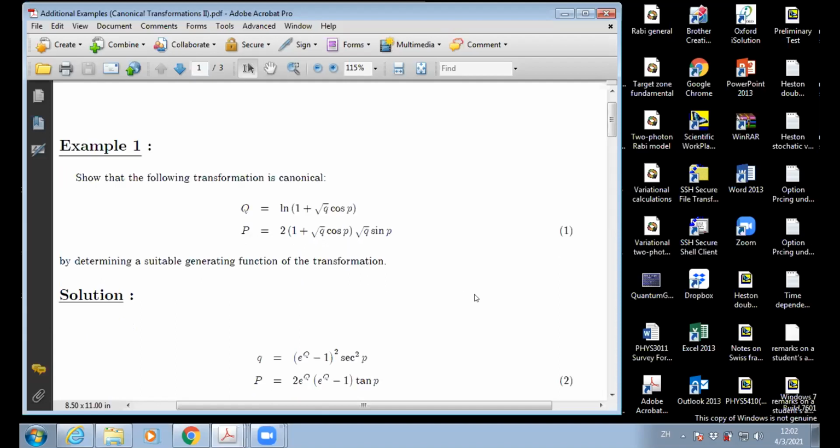As you can see here, I express small q and capital P as functions of capital Q and small p, all right? So I expect you to find a generating function of type 3, okay?